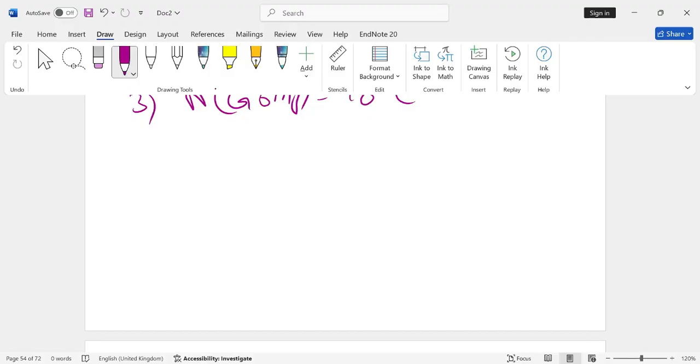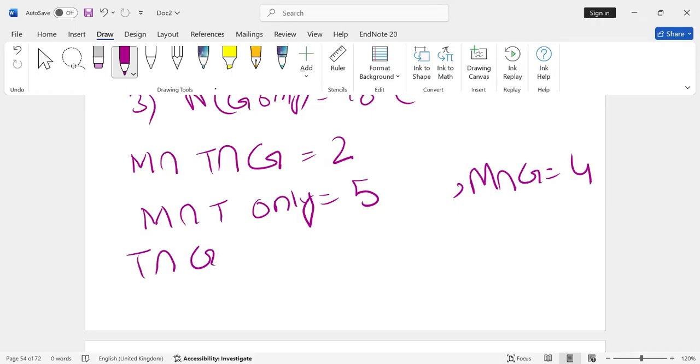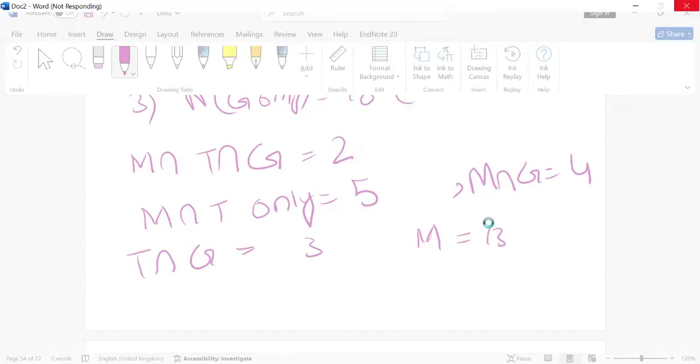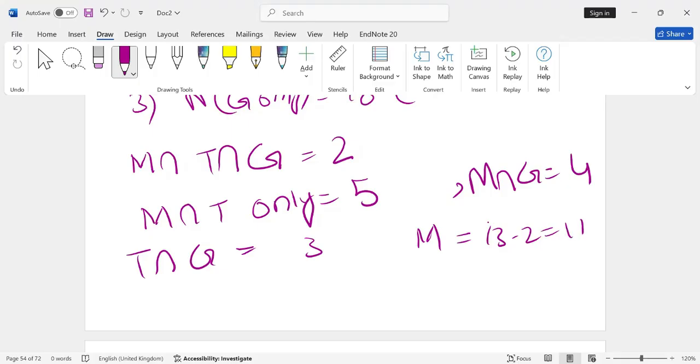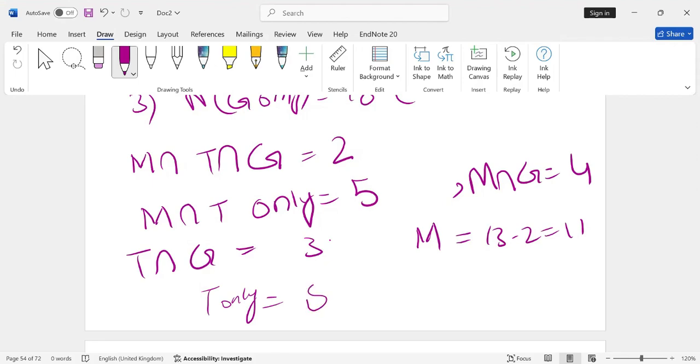So we have M intersection of T intersection of G equals to 2, M intersection of T only we have 5, M intersection of G equals to 4, T intersection of G equals to 3, M only equals to 13 minus 2, which is 11, and T only equals to 8 minus 2, which is 6, and G equals to 9.